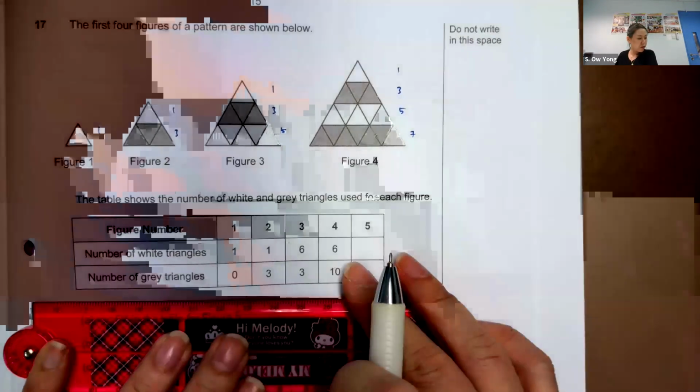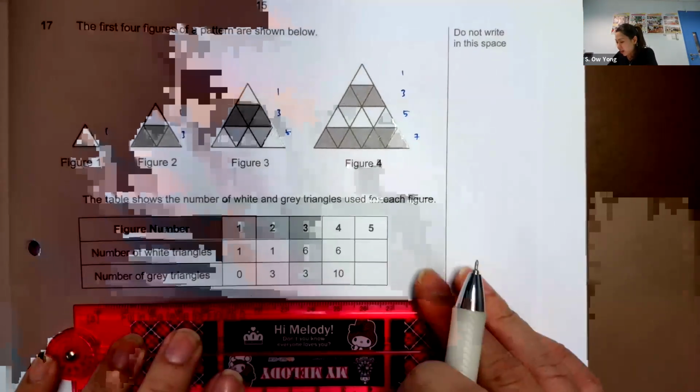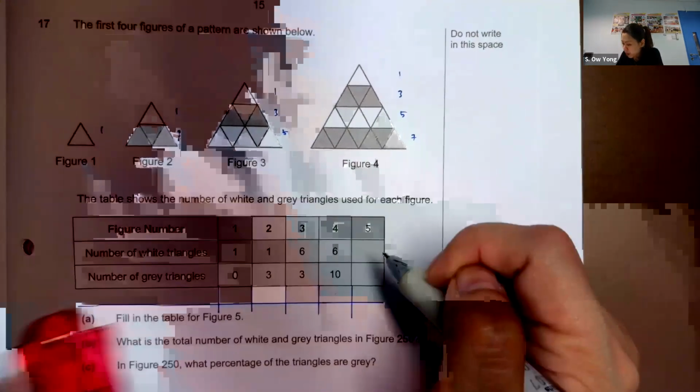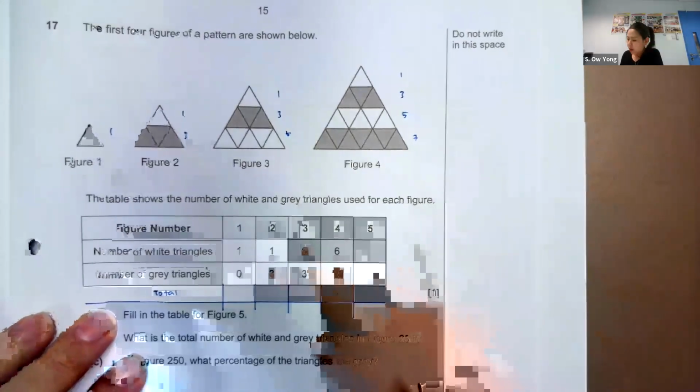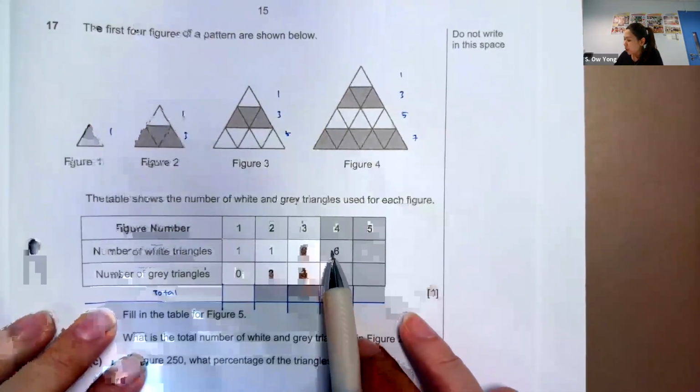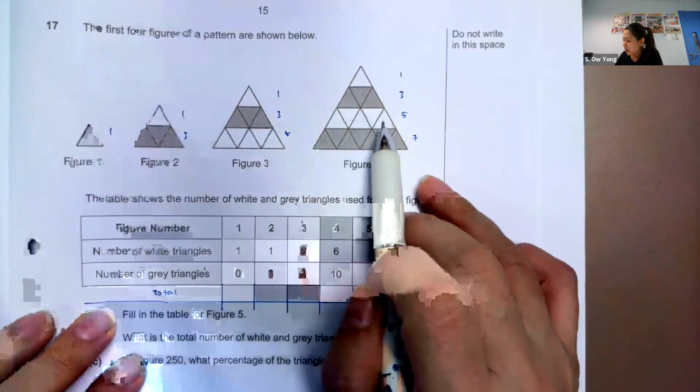Now let us write down a few pieces of information given to us. Maybe we can find the total also, by adding to the table. I write a total here: total white and gray. You can see that for figure number 4, the white is 6.